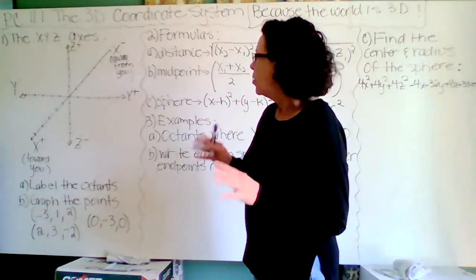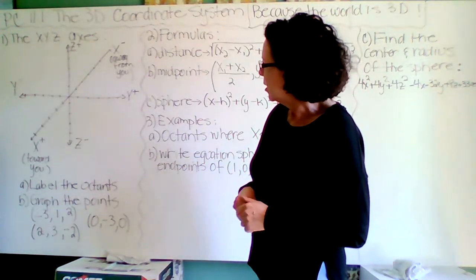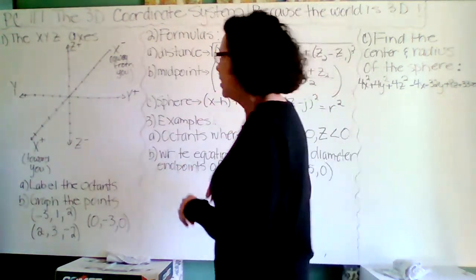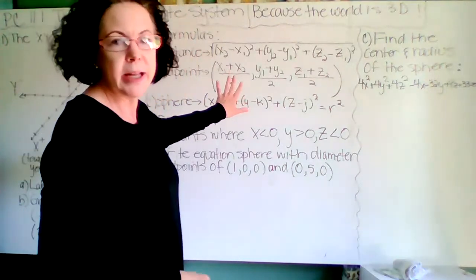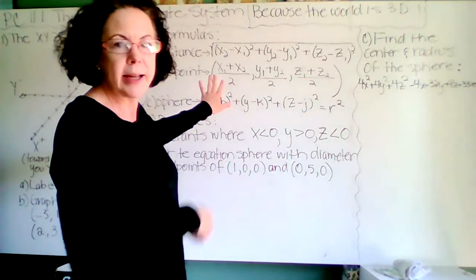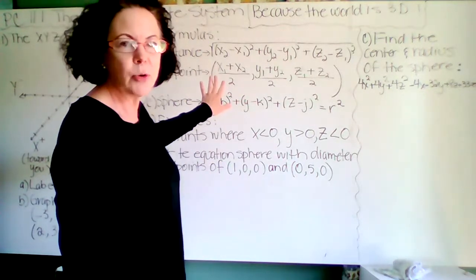But the way the 3D axes work is, what you are used to is the XY axis on a plane, where your X is going left and right and your Y is going up and down, showing the height.